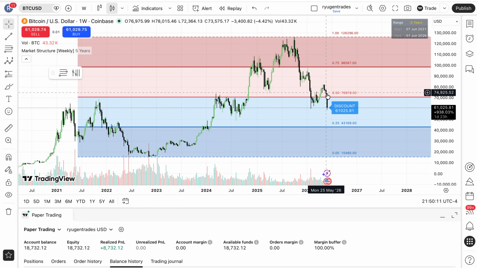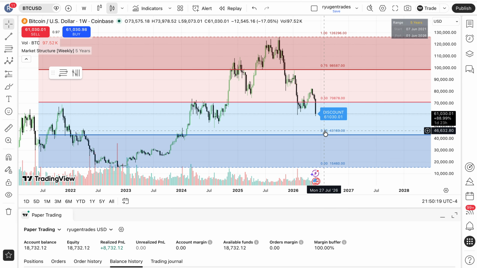I took a short around 70,000 right here before the giant move last week. And it has taken key levels here, and probably if you are a bit more bearish, price may even hit 55,000. It has already breached 60,000. So next, let's see whether it breaches 55,000.